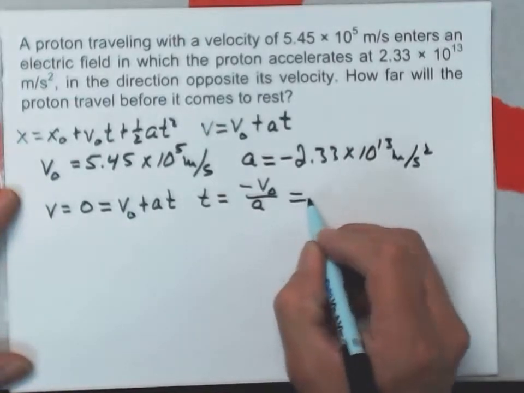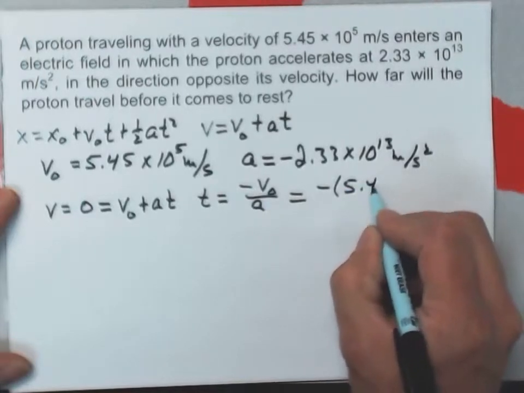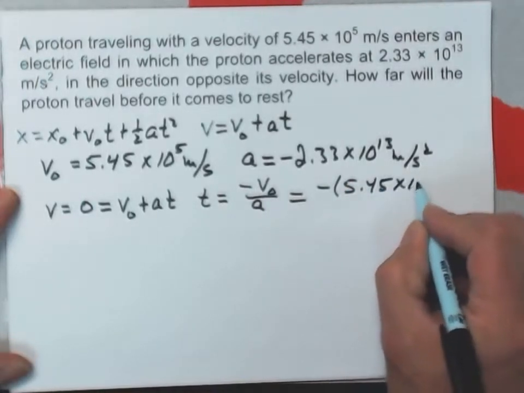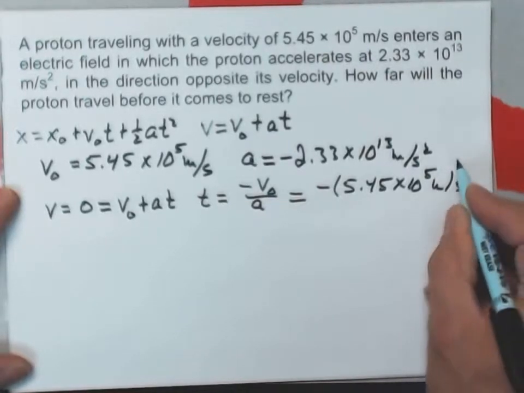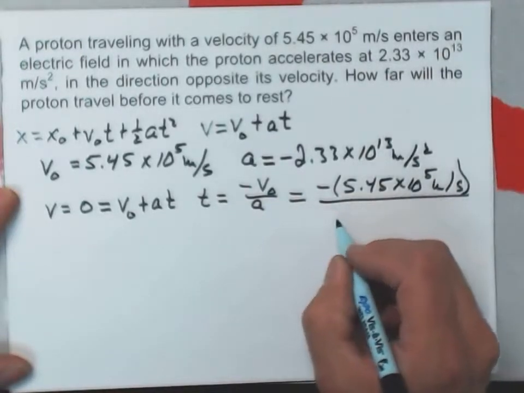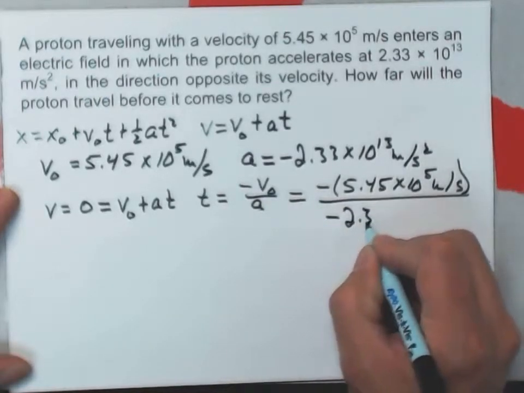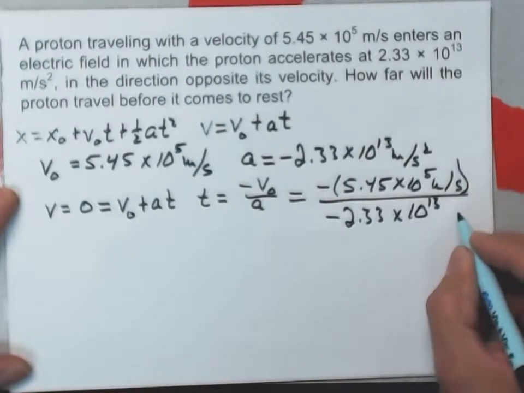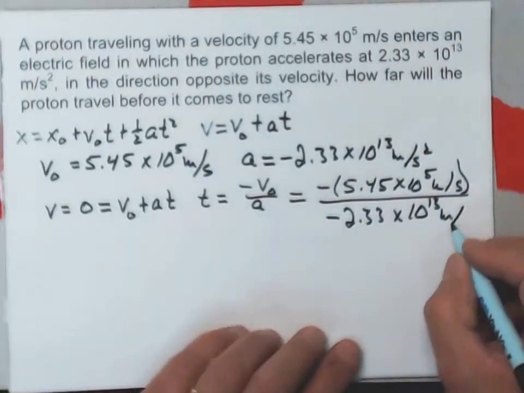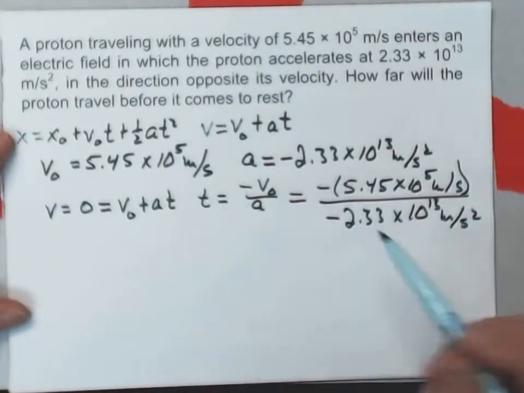Anyway, doing this, I would get minus 5.45 times 10 to the fifth meters per second, and on the bottom, I have the acceleration, which is minus 2.33 times 10 to the 13th meters per second squared. Now, minus on top, minus on the bottom, I'll get a positive time.